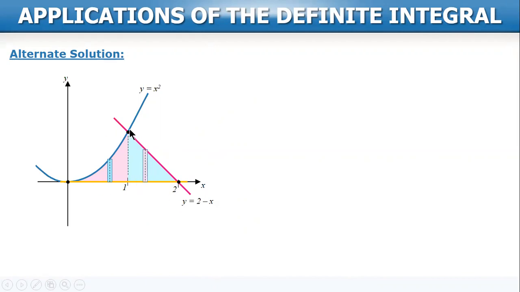The result is that the region is subdivided into two parts or portions, left and right. Now, an alternate solution is to consider a horizontal rectangle. This one.